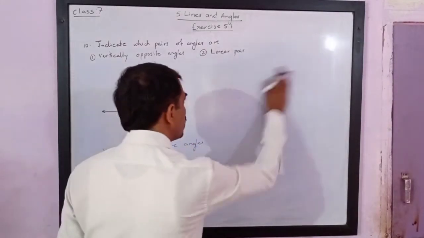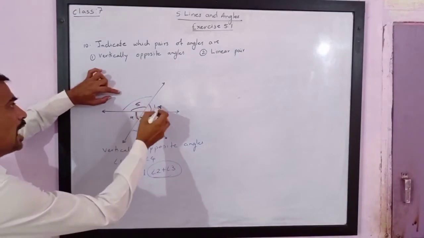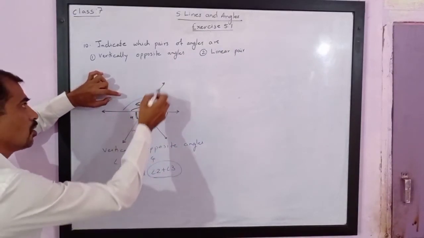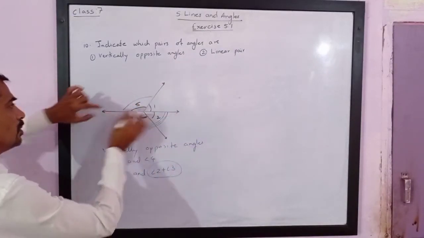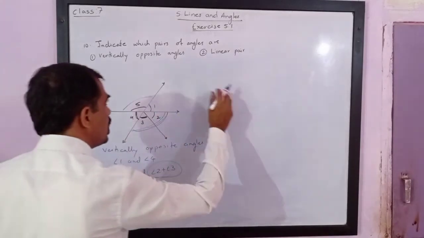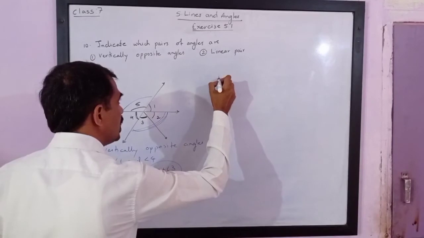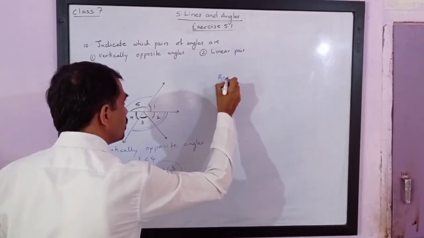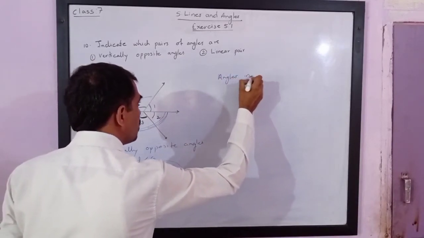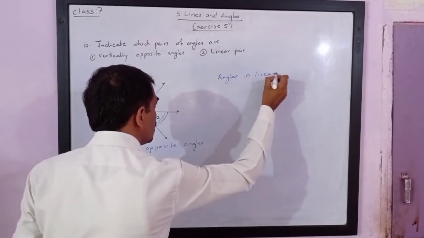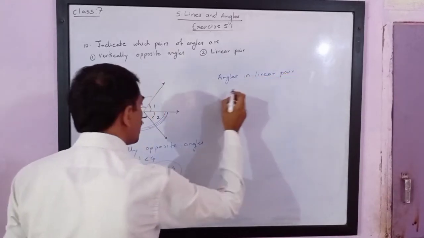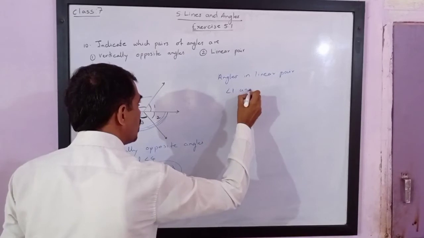Now see, if you consider 1 and 5, they have a common arm and the uncommon arms form a line, opposite rays. So angles in linear pair are angle 1 and angle 5.